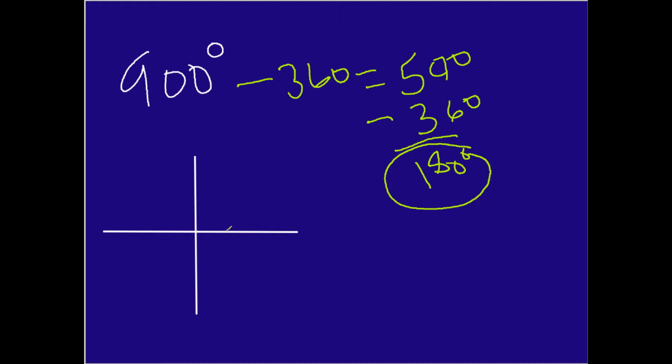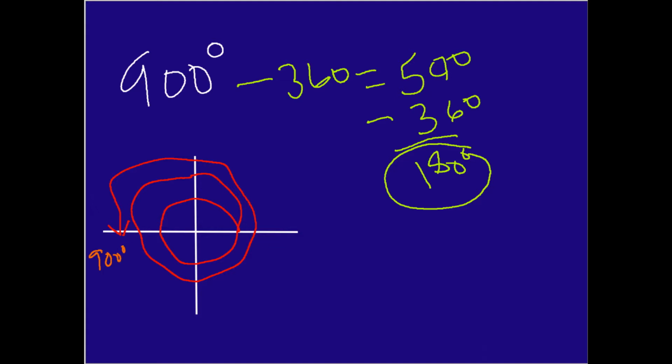So it would be 90, 180, 270, 360, then 450, 540, then 630, 720, 810, then 900. Right there, this is 900 degrees.